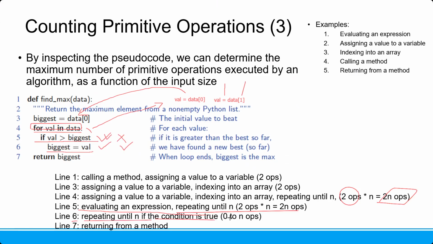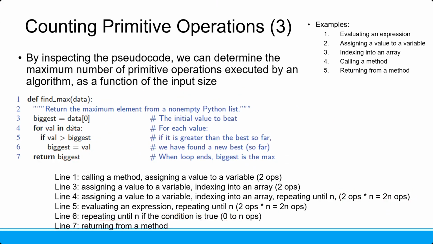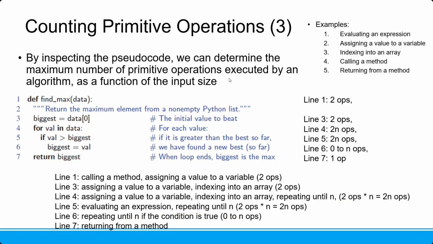Then I can say the best case is 0, nothing, and the worst case is n. The last one is the return, so it is just one. So we have something like this: two operations, two operations, 2n operations, 2n operations, 0 until n operations, and one operation.